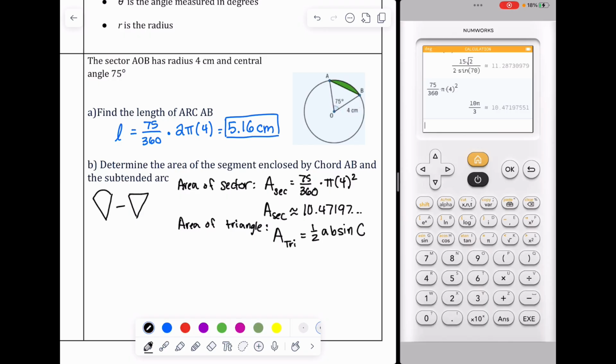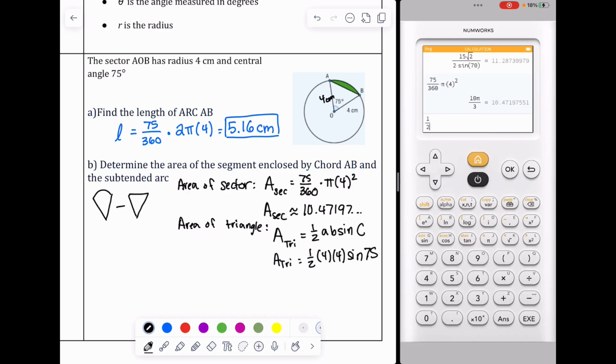But we actually do have this side too, because it is also a radius, going from the center to the side of our circle, so it is also 4 centimeters. So 1/2 AB sine C is 1/2 times 4 times 4 times sine of 75.